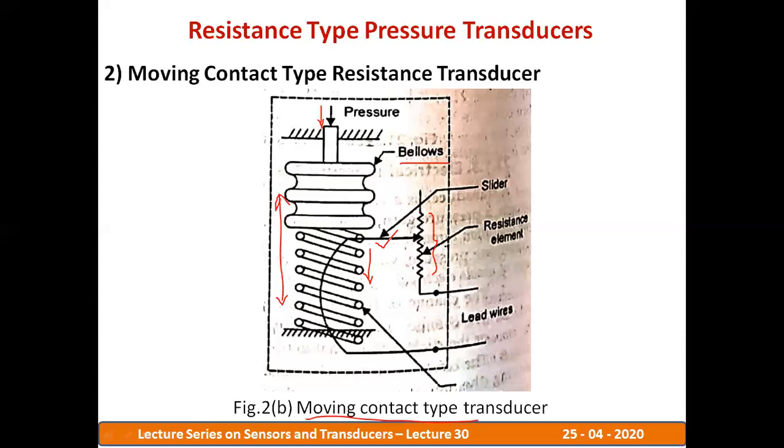Similarly, if the moving contact moves up, the slider will also move up. These are the output terminals where we are going to record the resistance. So if the slider moves down, resistance decreases. If the slider moves up, resistance increases. Right.